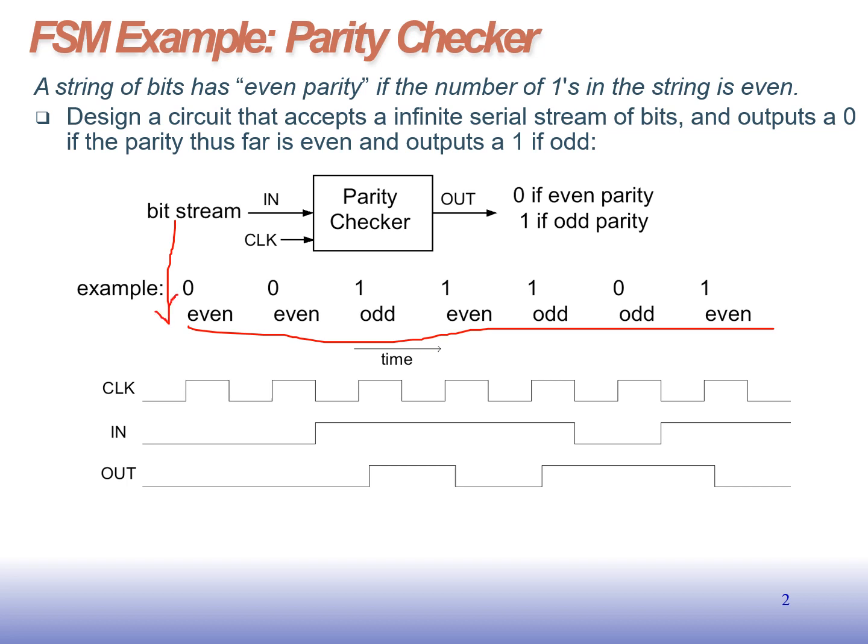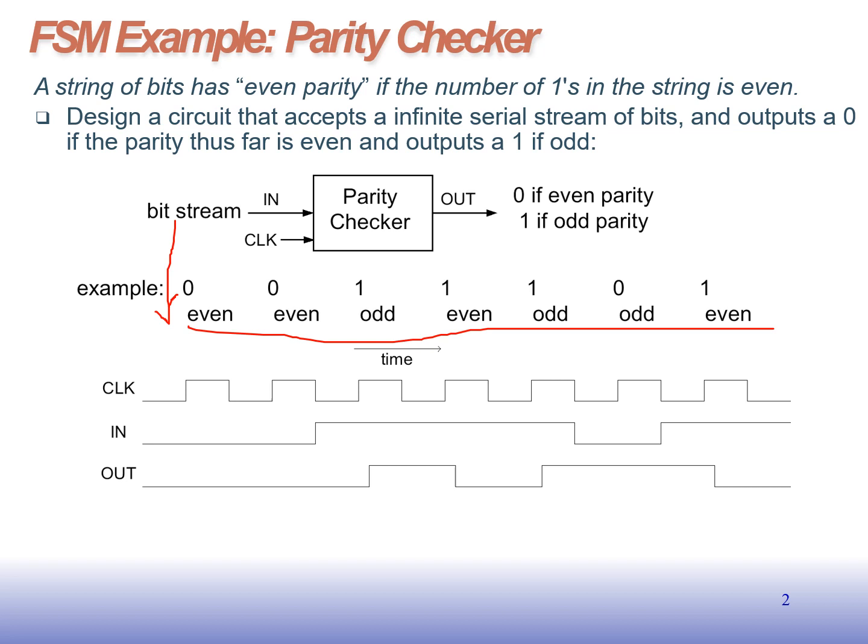This is the sequence of input given to the bit stream, with the clock and output. The output 0 will be delivered if it is even parity, when the number of ones is even. Odd parity gives 1, meaning the number of ones is odd. This is the clock signal. The input can be represented as 0 0 low, high high high, then low. So the output will be delivered.